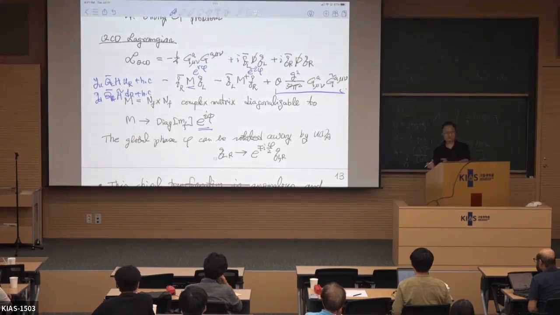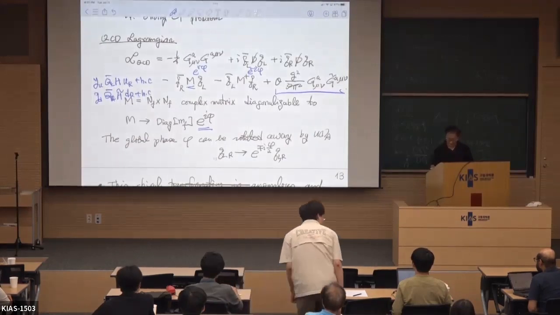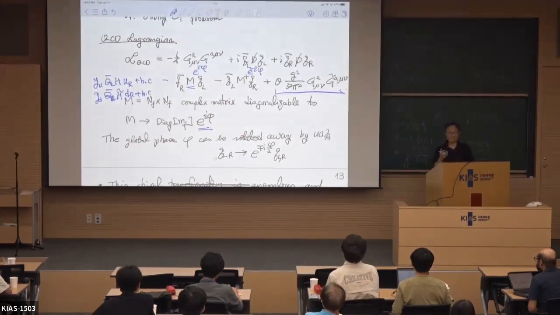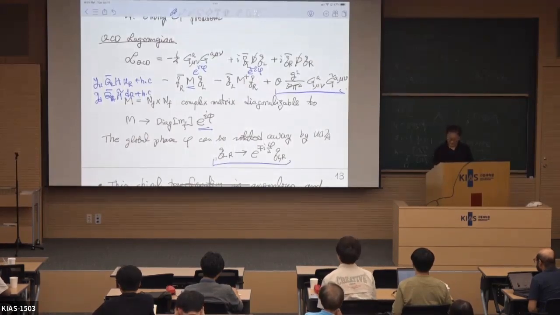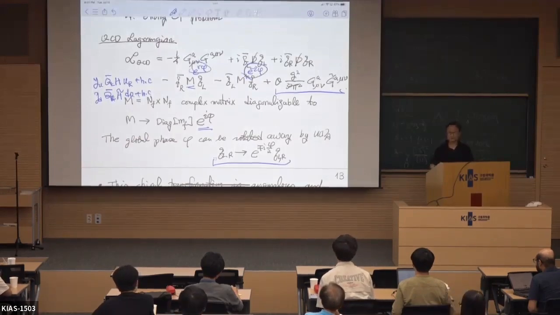So left-handed and right-handed quarks behave differently. They pick up different, opposite phases, and then this phase can be rotated away, right? By this chiral rotation. So to remove this, you take this rotation.